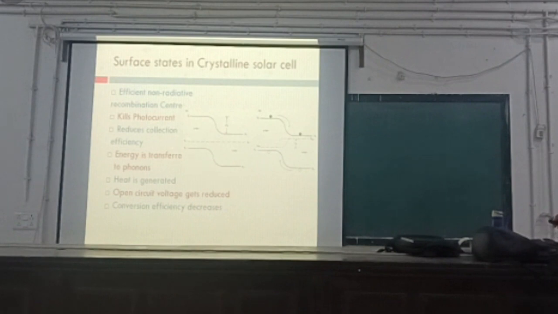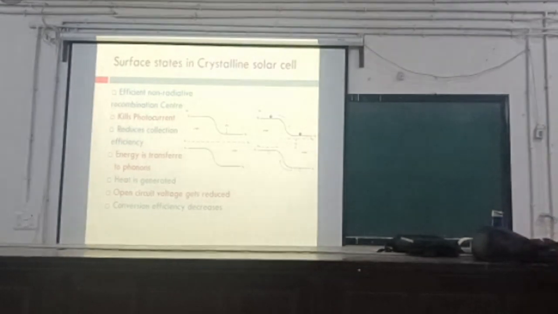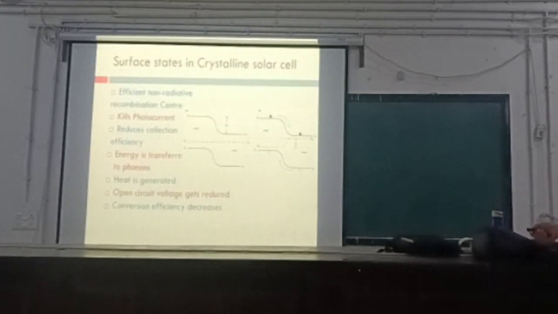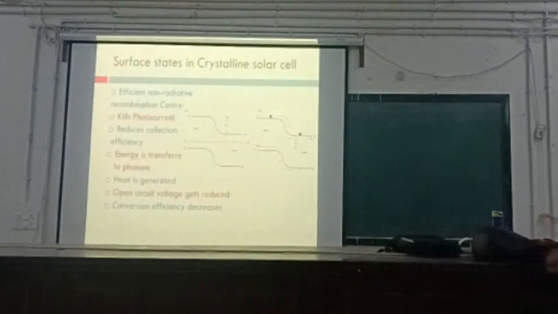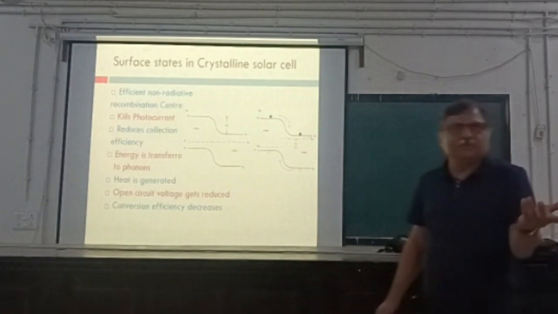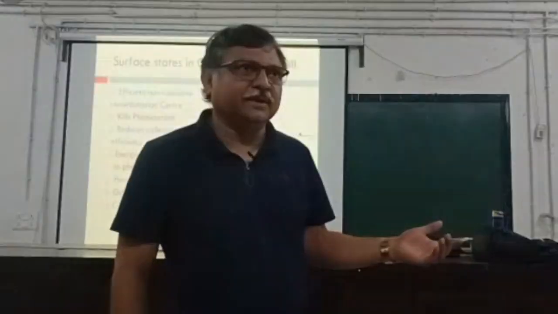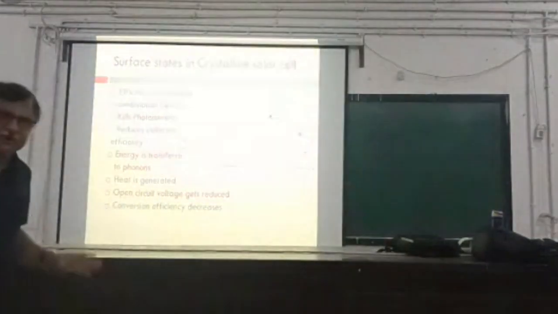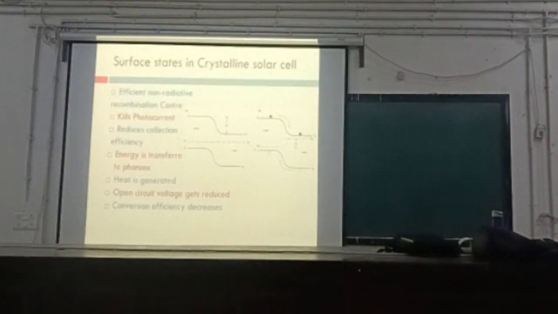So the p side will be positively charged and the n side will be negatively charged. So it is acting as a battery. Now we connect an external circuit, current will flow. Now if you have surface states in the middle of the battery, some of them will cross, but some of them will be captured here. Okay? And if they are captured, you are not going to get the photovoltaic effect. Surface states are also detrimental to the efficiency of the solar cell.